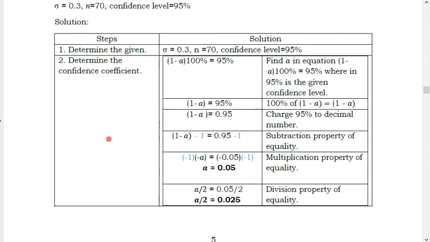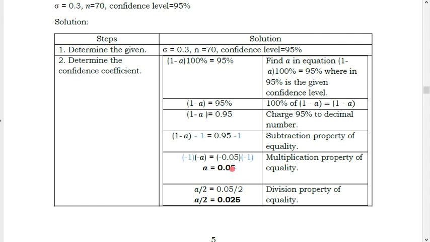Determine the confidence coefficient. Okay? So, just deduct 95% from 100%. So, you will have 0.05. And then divide it by 2 kasi we have a curve, and the curve has 2 tails.